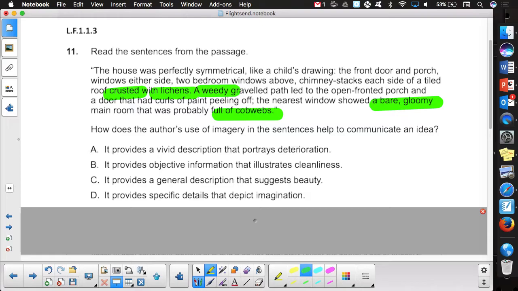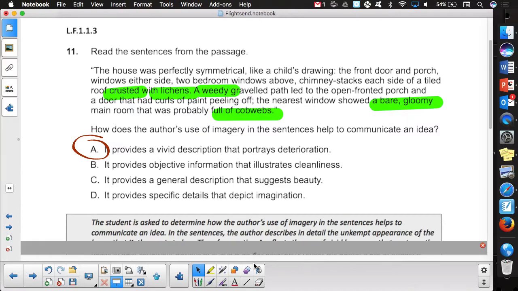So without even worrying about what the answers are, connotation of the imagery, if we're talking about something that's crusted, weedy, cobwebs, bare, gloomy, it seems to have a fairly negative connotation with it. Which one of these answers would use that negative connotation? A? Yeah, dealing with deterioration.